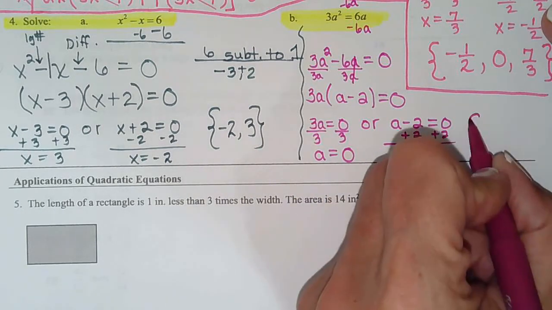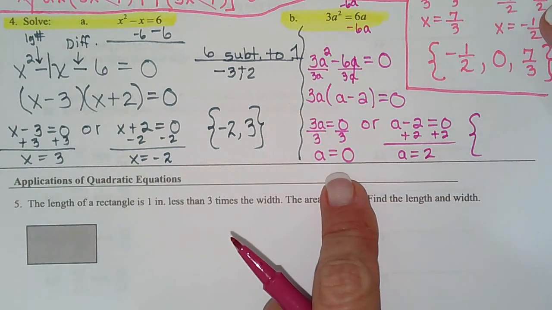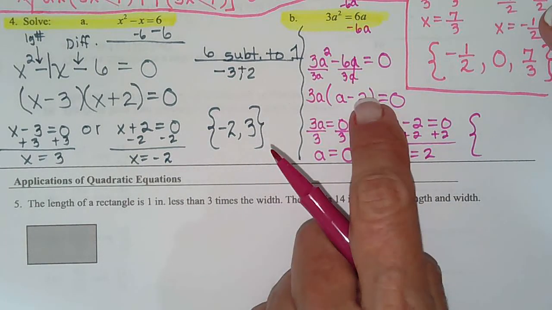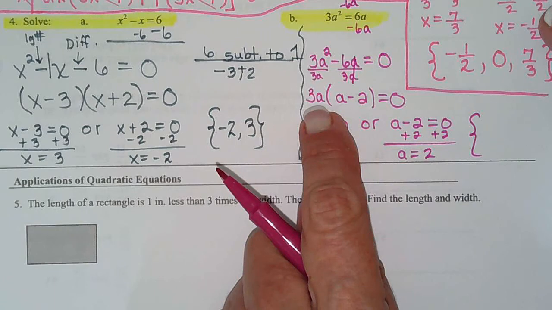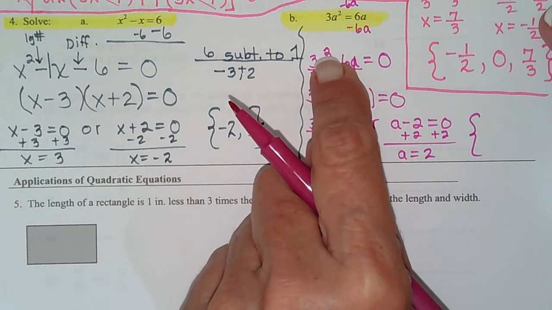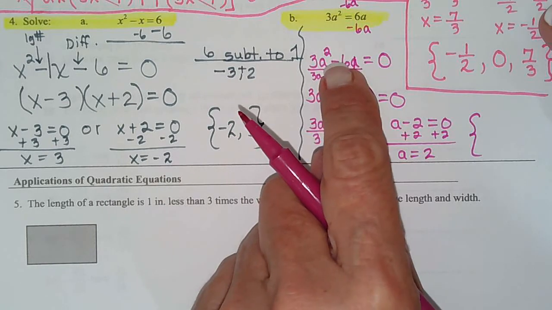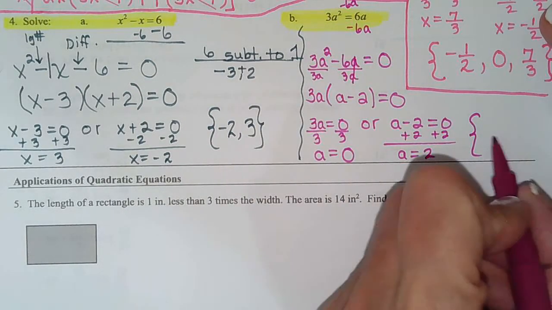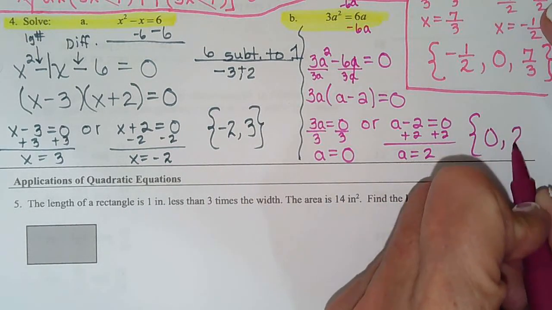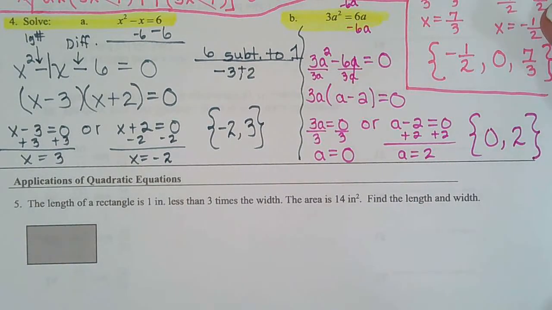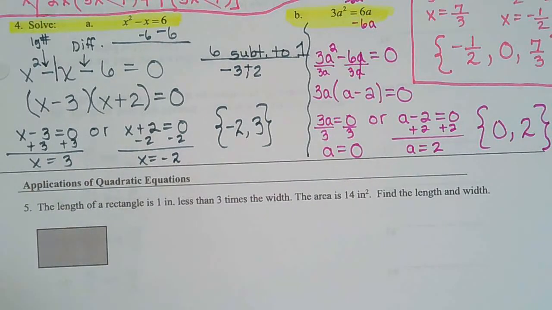So my two solutions, and this is one that so many students give me one answer. They give me just 2. Well, you can't forget about that. Plus, that says 2 solutions. Don't give me one solution. If the highest power is 2, that means you need 2. So 0 and 2 it is.